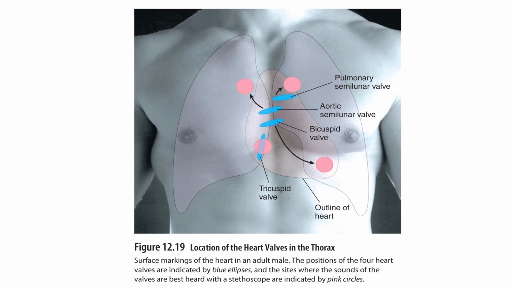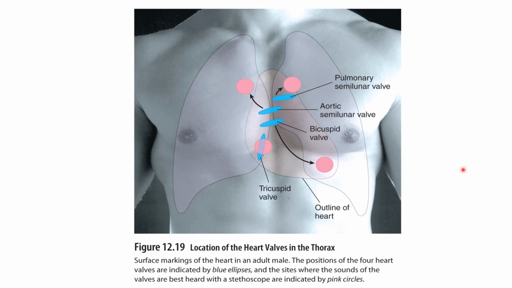So, the location of the heart valves in the thorax. So, ito yung kapag para malaman nyo, di ba, hindi naman pwedeng yung stethoscope idikit talaga sa pinakapuso ng tao. So, superficially, para malaman mo kung saan yung dapat na pinapakinggan, okay? Kapag nag-use tayo ng stethoscope, dapat medyo alam natin yan yung mga spots.